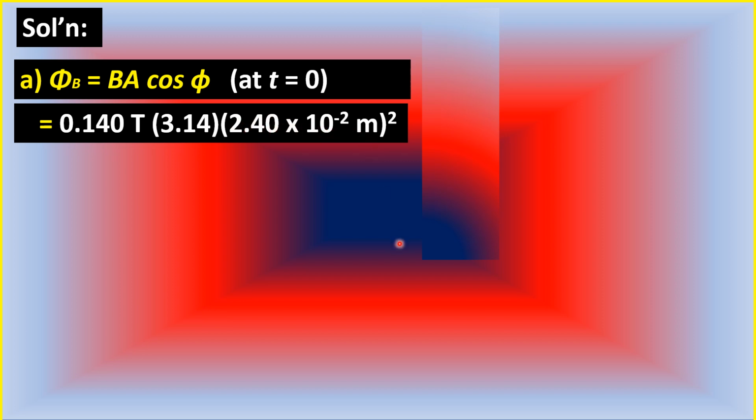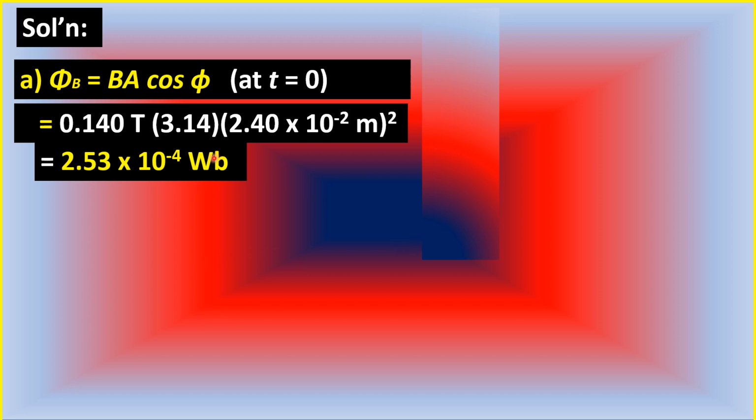So doing our math, we get this magnetic flux, capital letter phi, equals 2.53 times 10 to the negative 4 Weber. Weber is just equal to Tesla meter squared. In the SI system, the unit for magnetic flux can either be Tesla meter squared or simply the unit Weber. So take note that this magnetic flux is directed in the positive z direction.